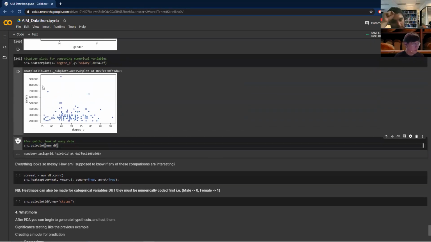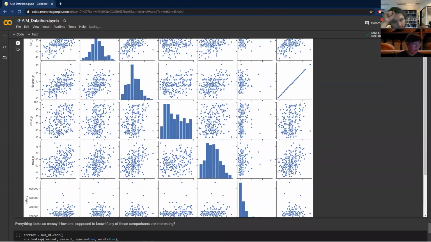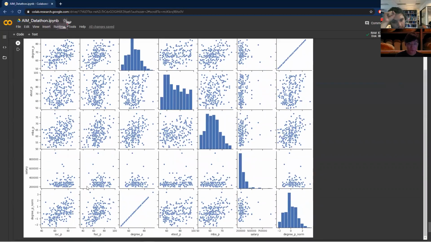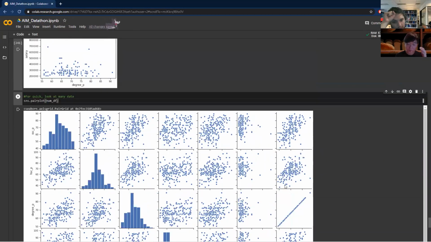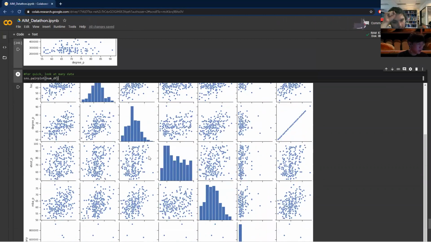With this, rather than doing all these scatter plots individually, we can quickly see the different trends, or the different relationships between each variable. And this is the distribution of each of the data.